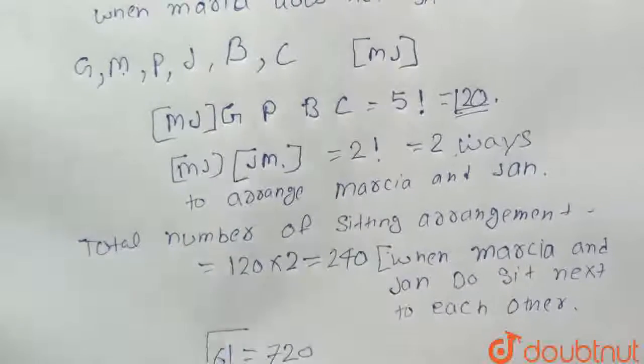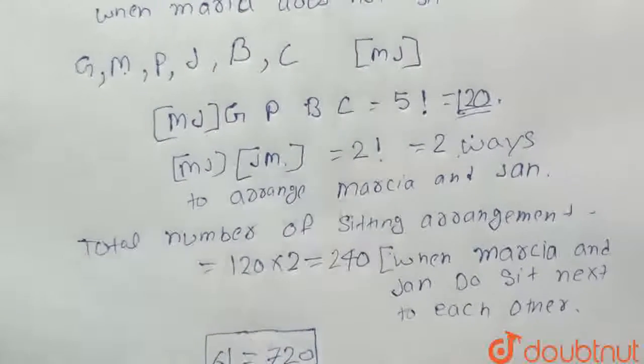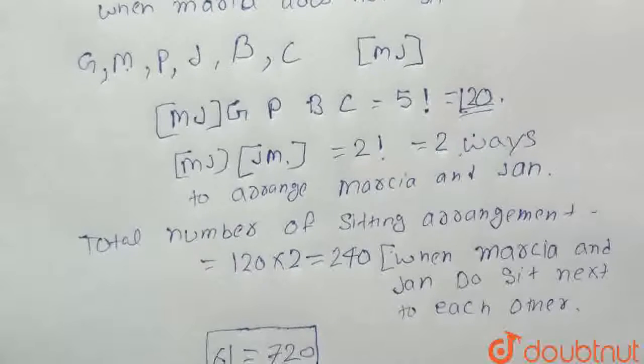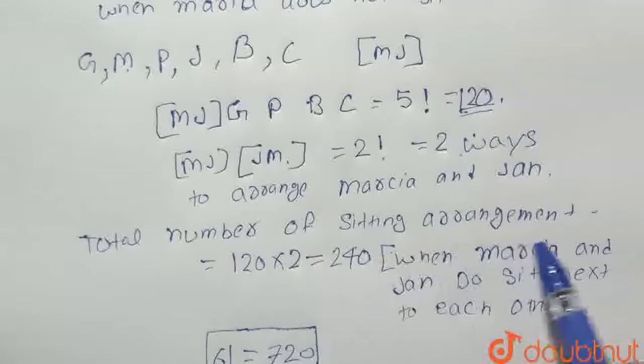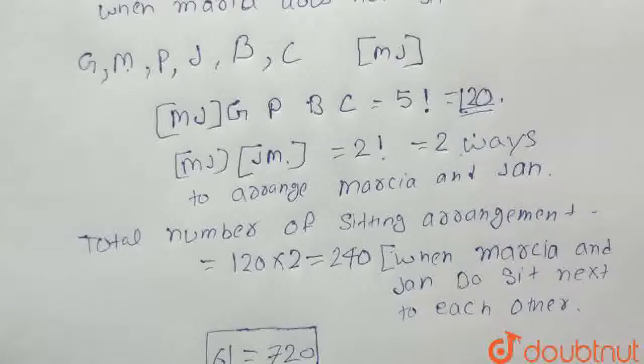So the number of arrangements when Marcia does not sit next to Jan, how will we find? We just subtract the 240, the number of arrangements when Marcia and Jan sit next to each other, from the total number of arrangements when the 6 people are arranged.